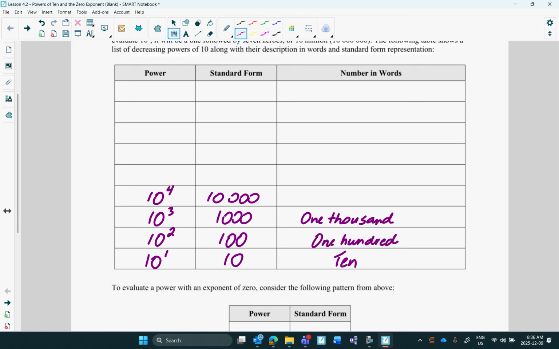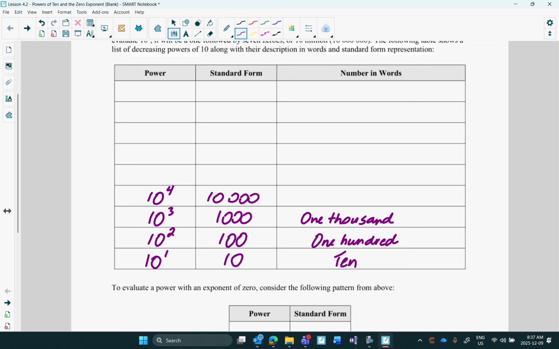If I said 10 to the 20th, what would you do? You need a 1 and 20 zeros. Just like here, this is a 1 and 1 zero. A 1 and 2 zeros.